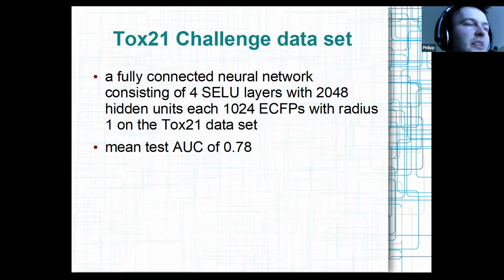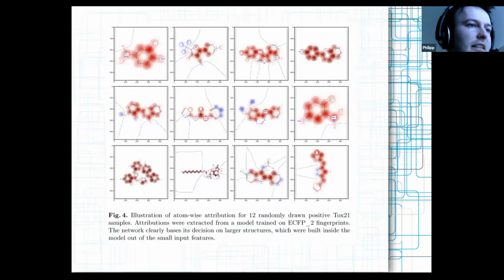And they even mentioned, I think it was in the top 10 of this competition already, without the interpretability. And here you can see the system can sort of pick up what the human expert would pick up. Now, I'm not a pharmacologist, I'm not an expert on it, but the functional groups that are toxic got picked up.